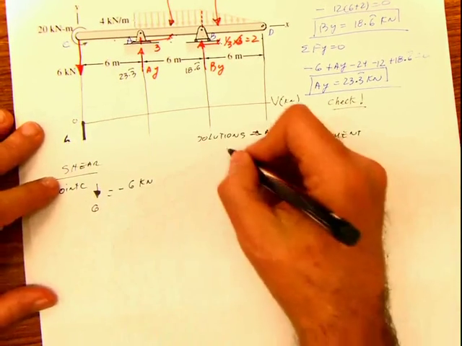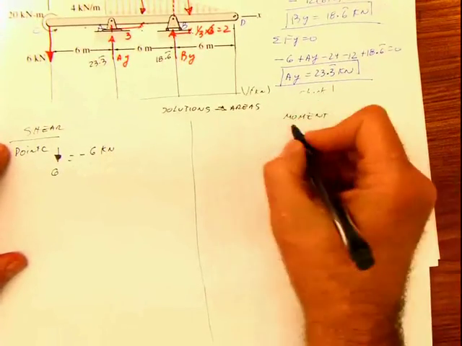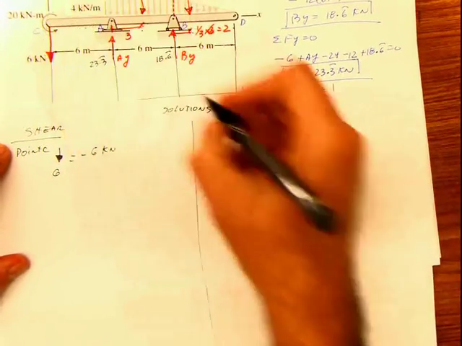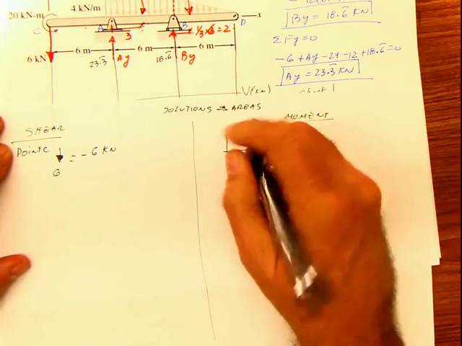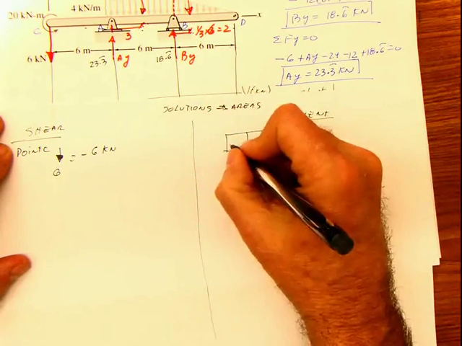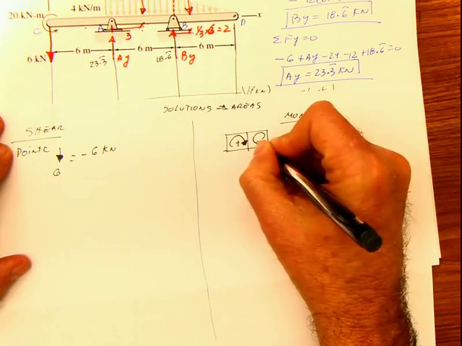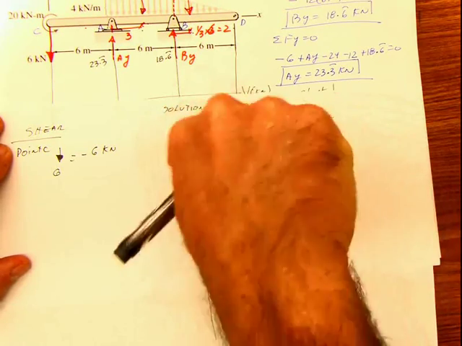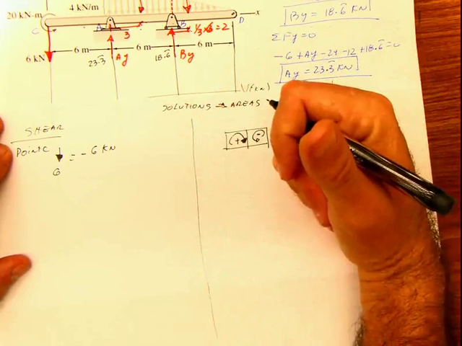Let's go with moment now. Do I have any concentrated moment? Yes, of course I have. And remember, we say that when you have a concentrated moment, then you have this as positive and this as negative. Counterclockwise positive, clockwise negative.